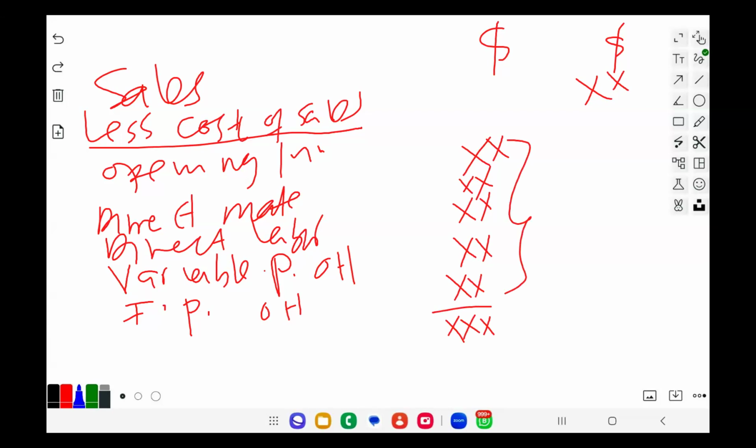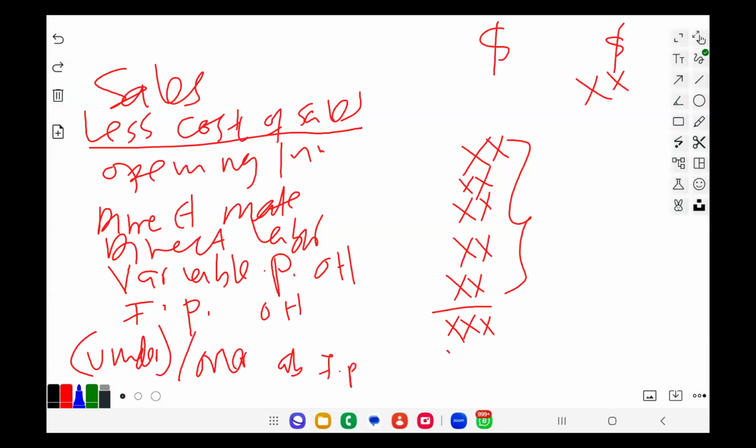And when you have that total, what do you do? From that total is where you need to add or deduct over absorbed or under absorbed fixed costs. So under absorbed or over absorbed fixed production costs.